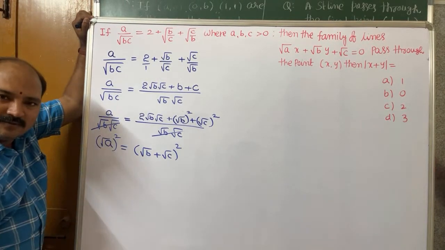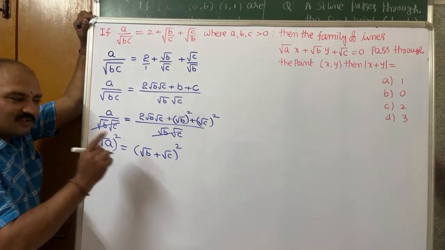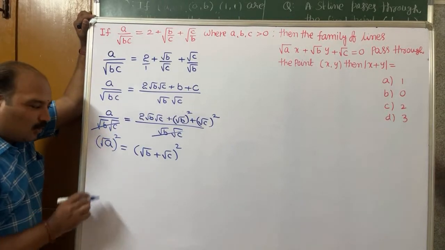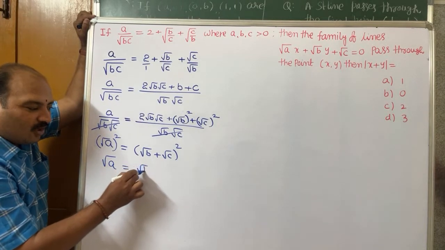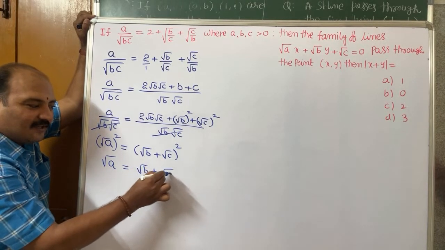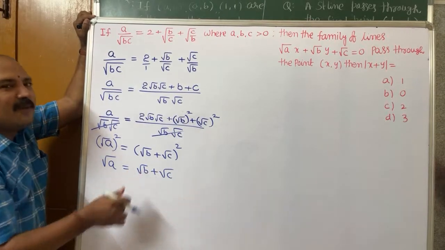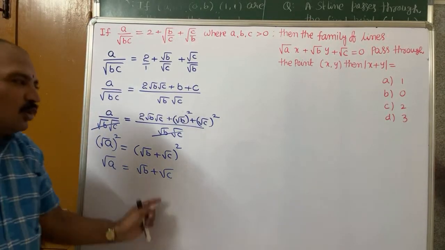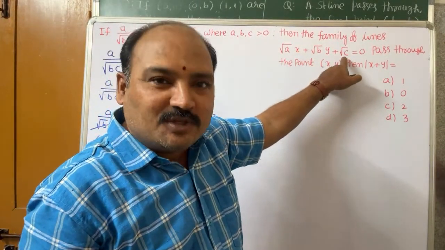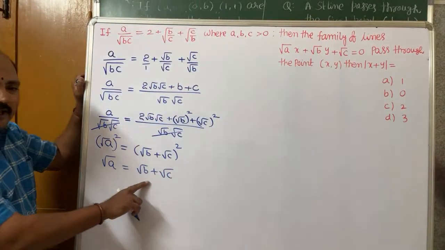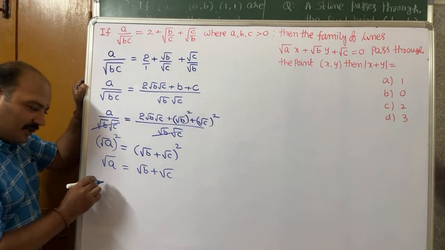Am I right? From this, if you remove the square, you will get root a is equal to root b plus root c. From this I am making root c the subject. Sir, why are you taking root c as the subject? In the given question, the constant term is root c. That is the reason I am taking root c as the subject.